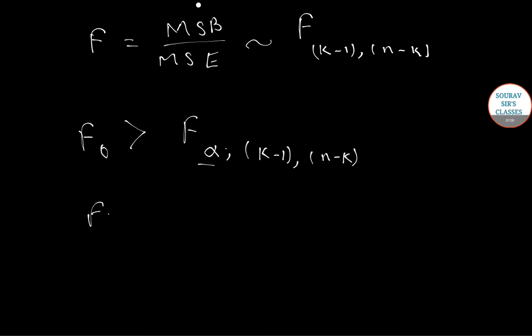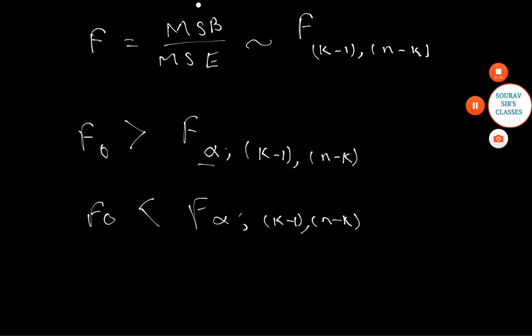If F0 is less than F alpha k minus 1, n minus k, then the null hypothesis cannot be rejected, and we will conclude that the means of all the groups are almost similar. In other words, different levels of factor do not cause a significant effect.